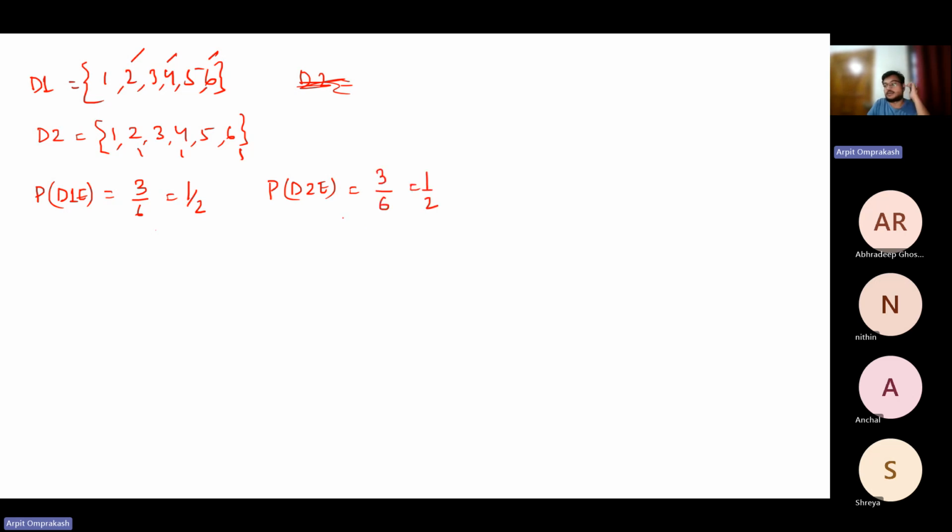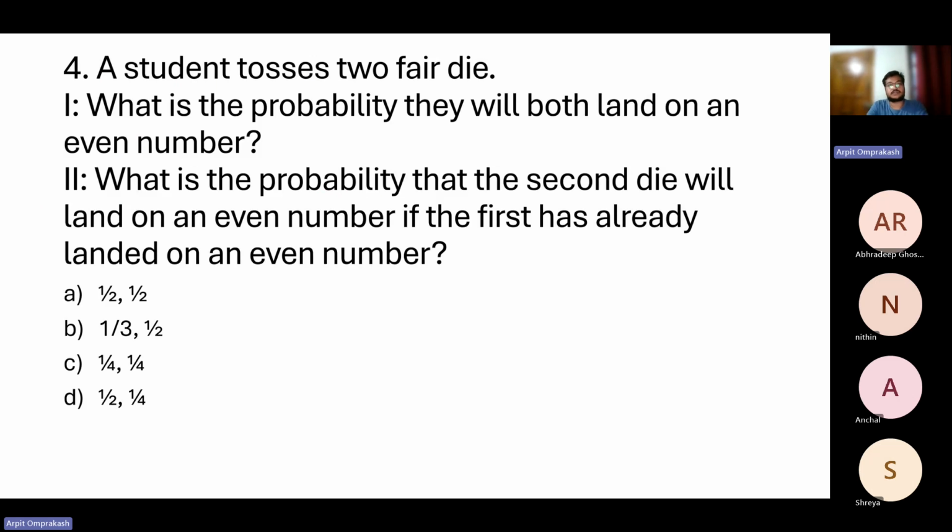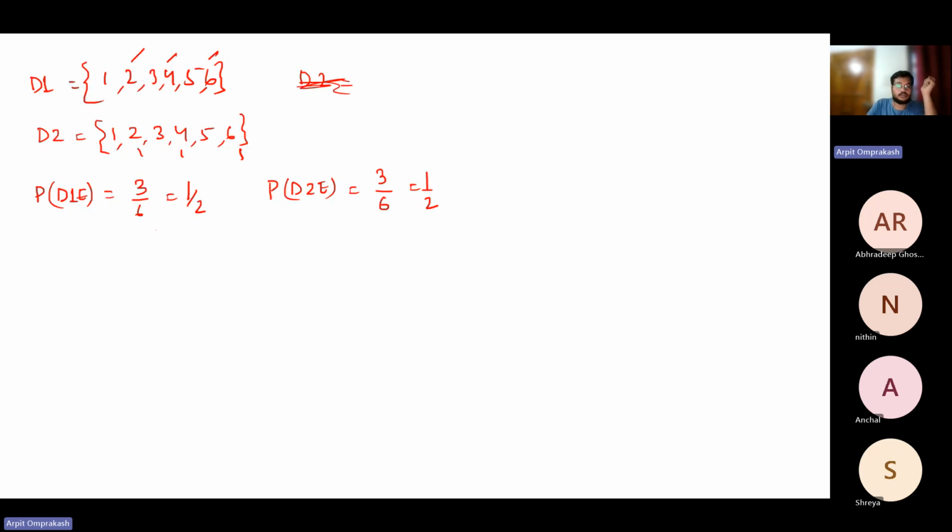Right. Now in the first question, we are asked, what is the probability that they will both land on an even number? So in the first case, what we are asked is, what is the probability that die 1 is even and die 2 is even?